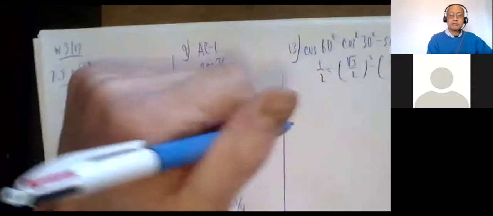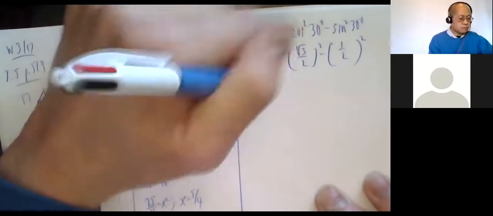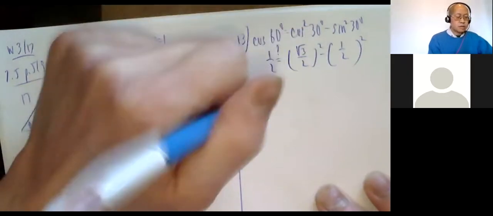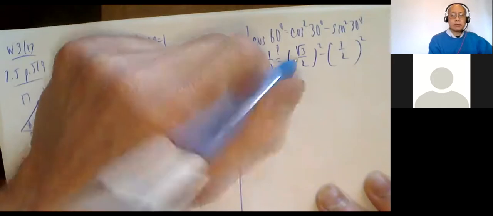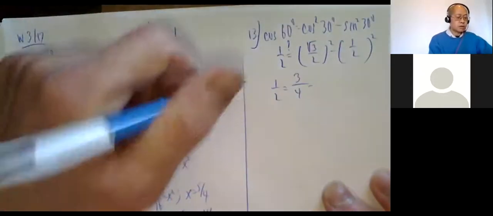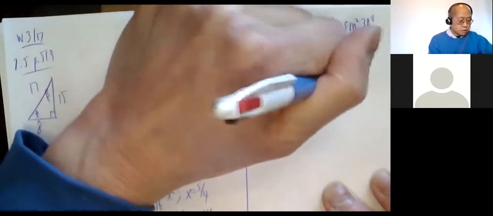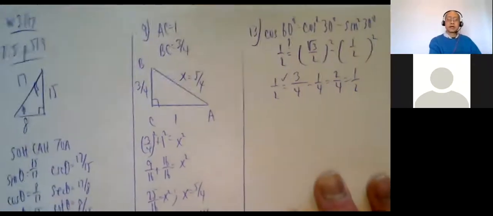Sine is y coordinate, 1/2. So we're asking, is this a true statement? Okay, radical 3/2 squared. Radical 3 squared is 3. 2 squared is 4. 1/2 squared is 1/4. So that's equal to 2/4, which is 1/2. So it's verified. It does check out.